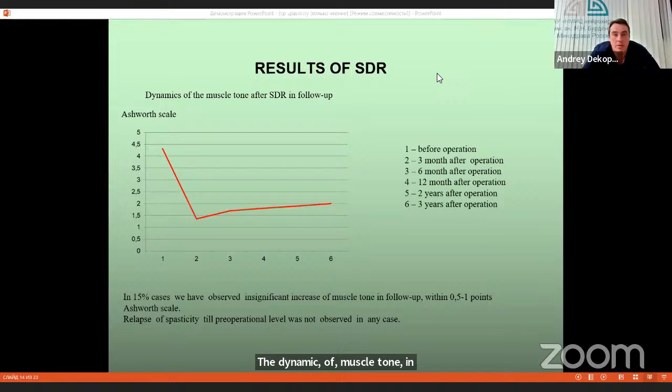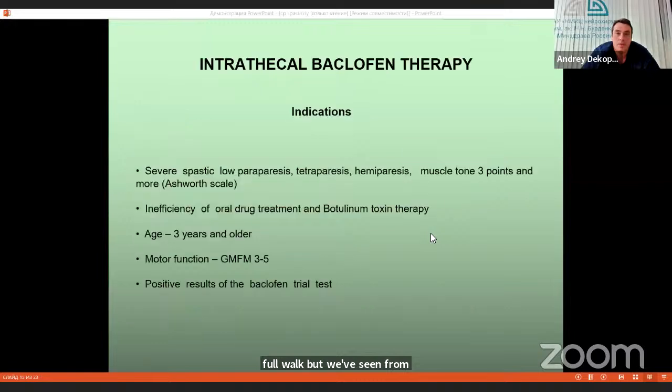You can see that in most cases, we observed a significant decrease of muscle tone during several years after the operation. And just in 15% of cases, we have revealed an insignificant increase of muscle tone in follow-up, but within from half till 1 point on the Ashworth scale, not more.